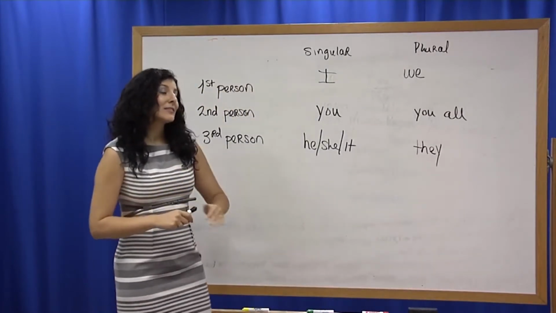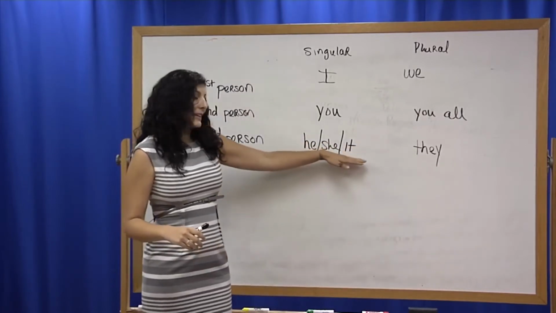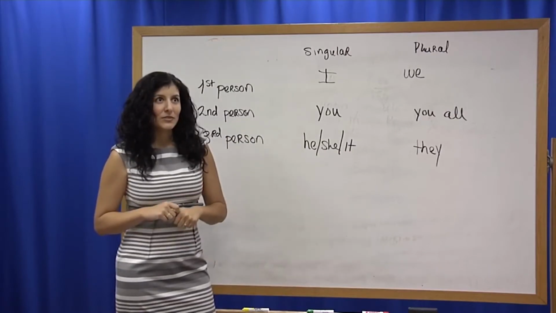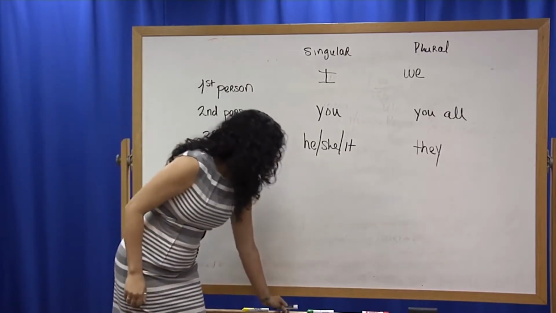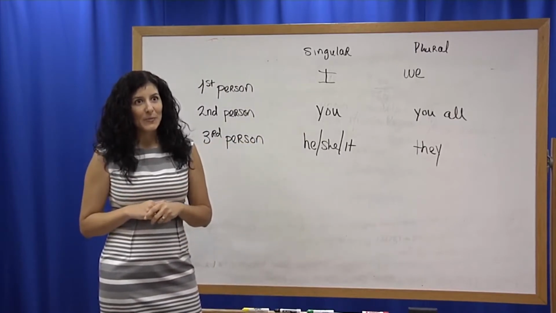They indicates that there is a group of third person individuals, while he, she, and it indicate singular and gender specific individuals. He and she are the only times that we use gender in English, but there are more times of gender use in Spanish.